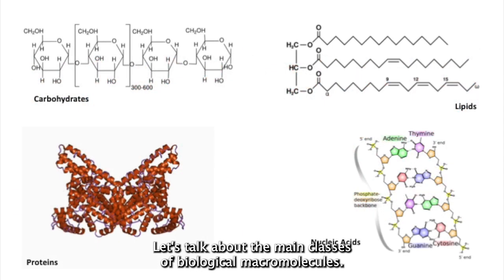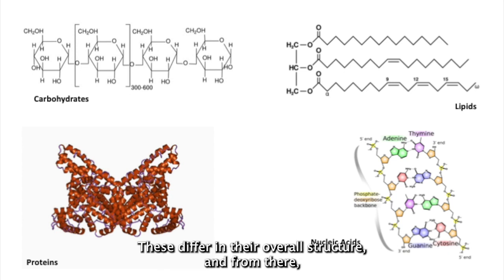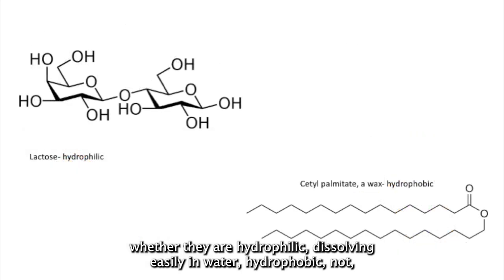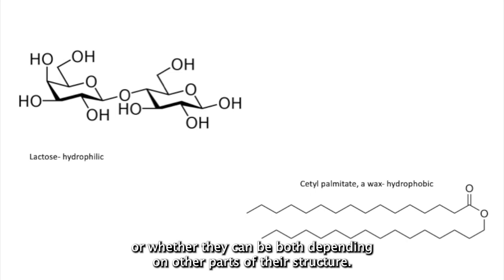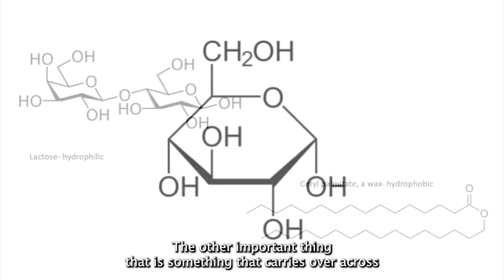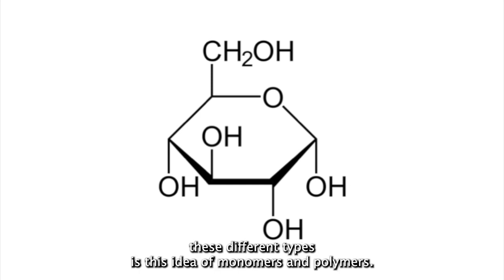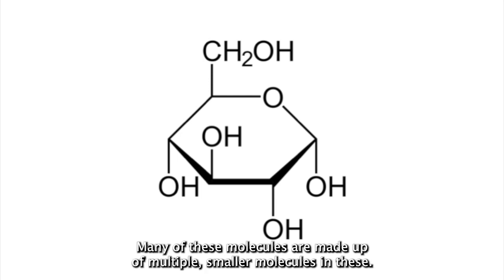Let's talk about the main classes of biological macromolecules. These differ in their overall structure, and from there, whether they are hydrophilic, dissolving easily in water, hydrophobic, not, or whether they can be both, depending on other parts of their structure. The other important thing that carries over across these different types is this idea of monomers and polymers. Many of these molecules are made up of multiple smaller molecules.